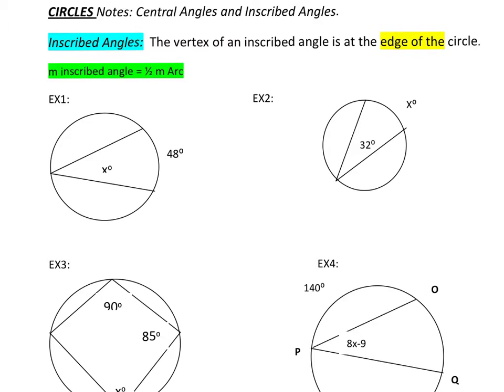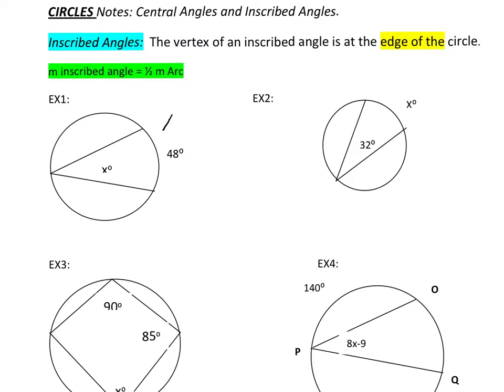Let's take, for instance, example 1. Notice that this angle is the inscribed angle, and the measure of that angle is x degrees. We know that this is the arc this angle intersects. So this angle is half the measure of the arc, and half of 48 is 24 degrees.